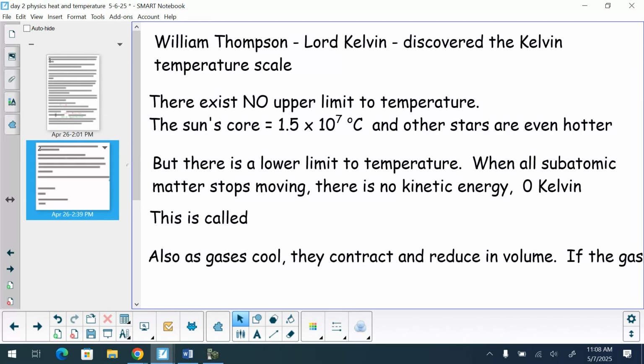At 0 Kelvin, all subatomic matter stops moving. When you talk about the temperature scale, Kelvin does not even have degrees to it. It's just Kelvin. It's not 0 degrees Kelvin, it's just 0 Kelvin.